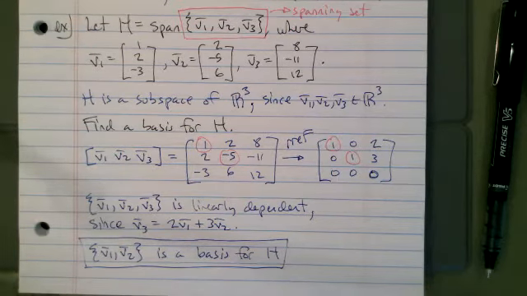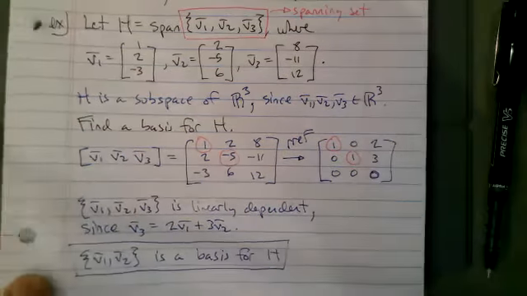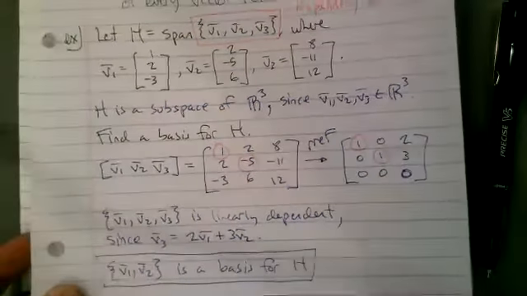So what we're going to do is look at a spanning set, and cut it down to a basis. Any questions? All right. So let's look at a vector in this subspace H and see.